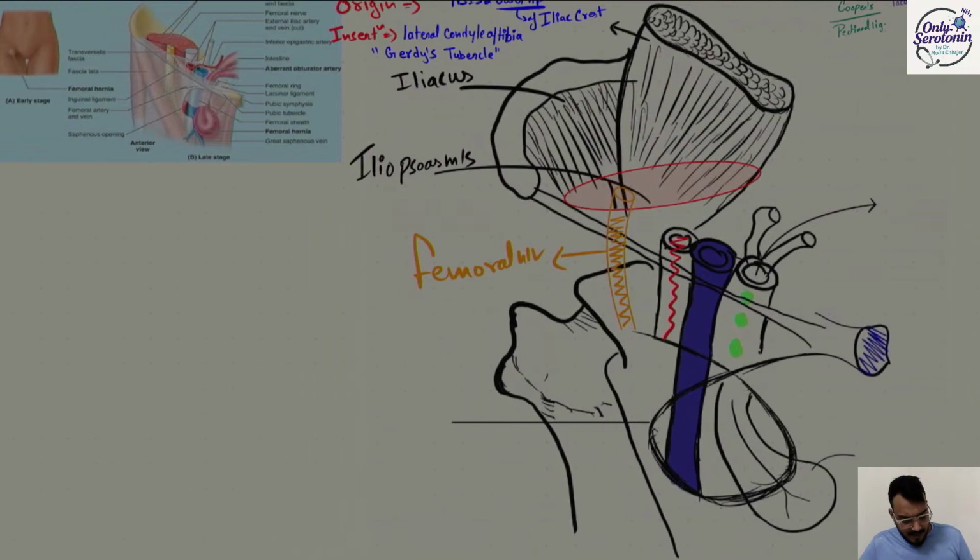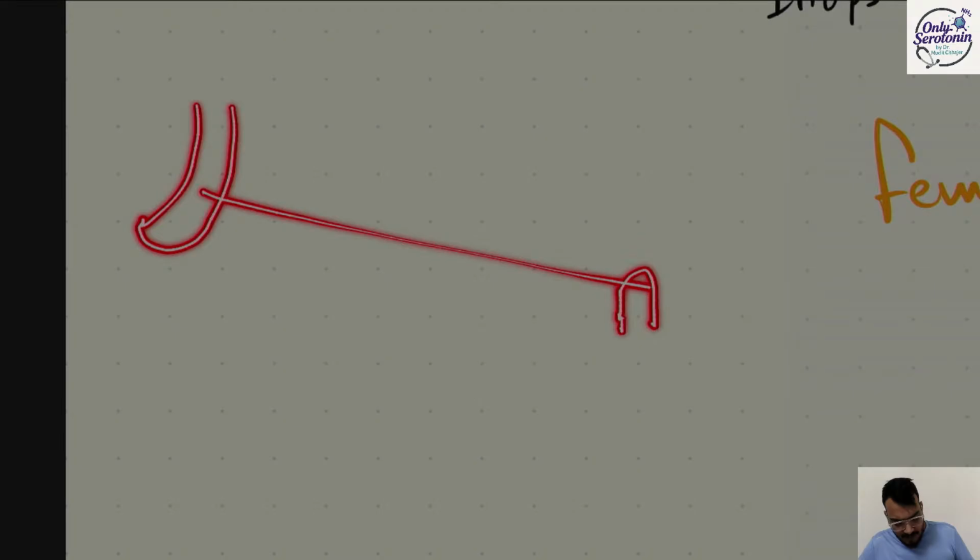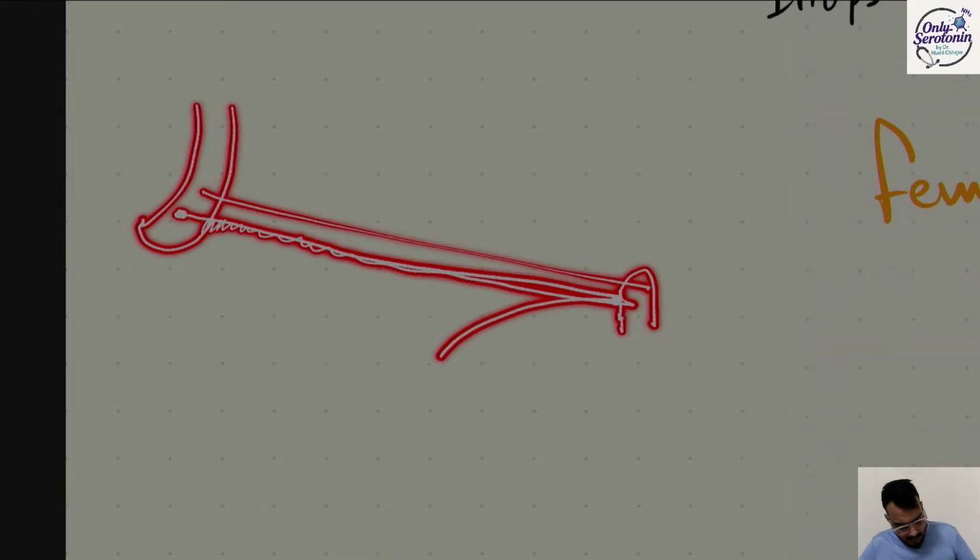For understanding the fascia lata, let's make a diagram, guys. I don't have enough space, so take one page and make the diagram in that, guys. This is my ASIS here. This is the pubic tubercle. From ASIS to pubic tubercle is the inguinal ligament, and we are discussing the fascia lata. So from ASIS till pubic tubercle, what is this? This is my fascia lata, right? Fascia lata from the pubic tubercle is going to go down, forward, and lateral.